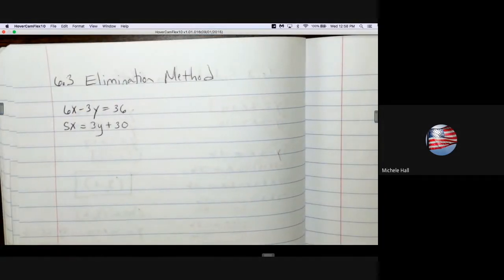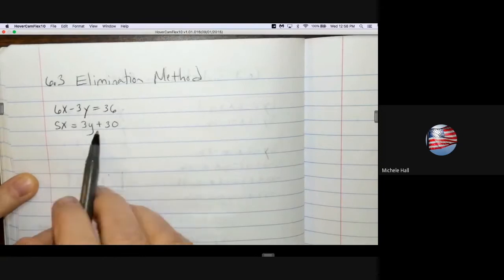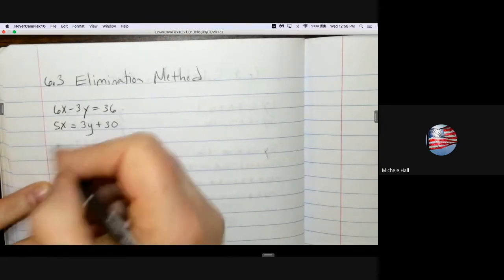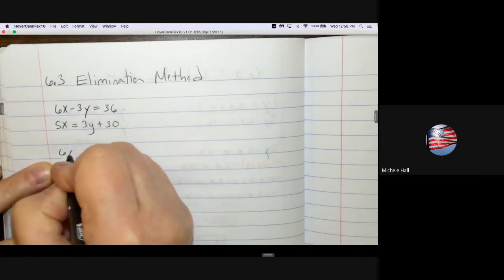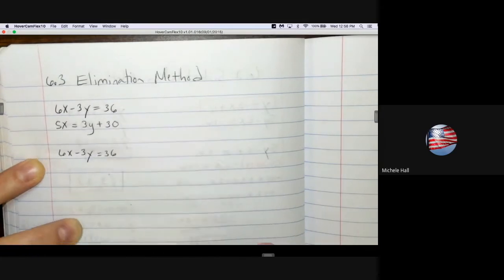All right, the first step is to have them both in standard form. The first equation is in standard form, but not the second equation. We need to have our x and y together on the same side. So the first equation is 6x minus 3y equals 36.